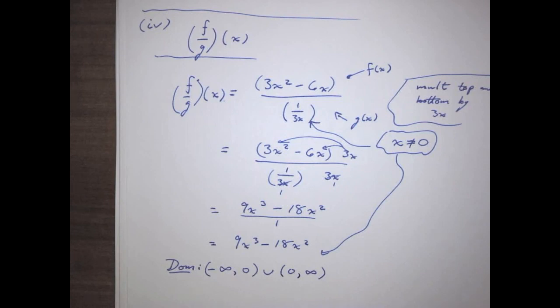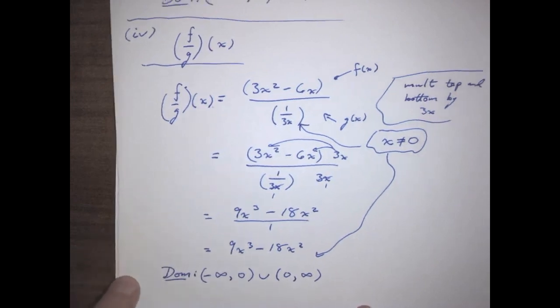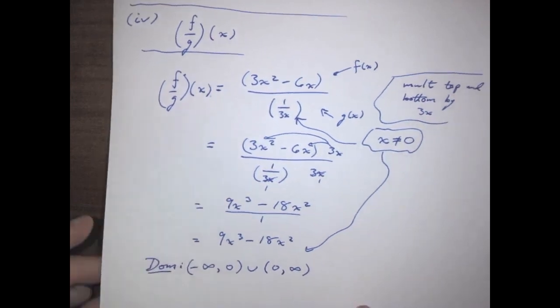Okay, so there's an example, there are a couple examples actually, of the combinations that you can make of the functions, and then also the domain issues that can give rise to.